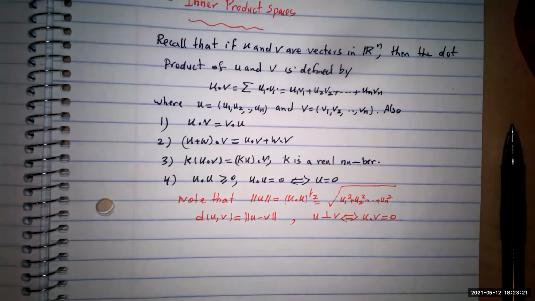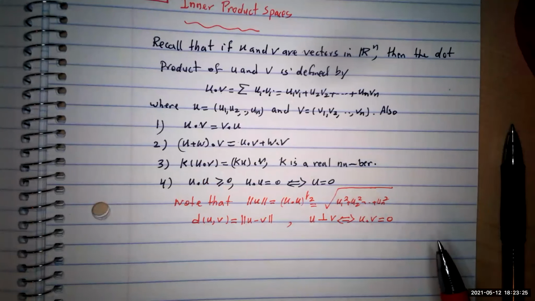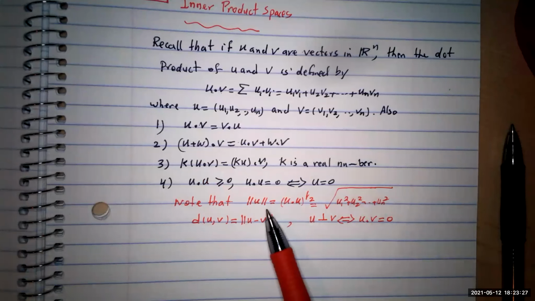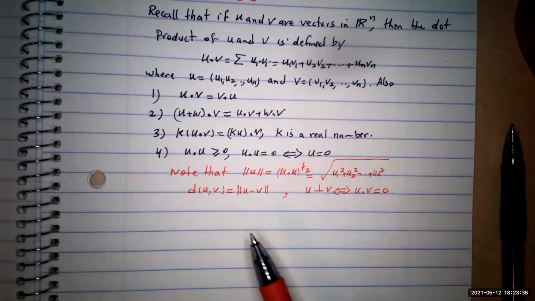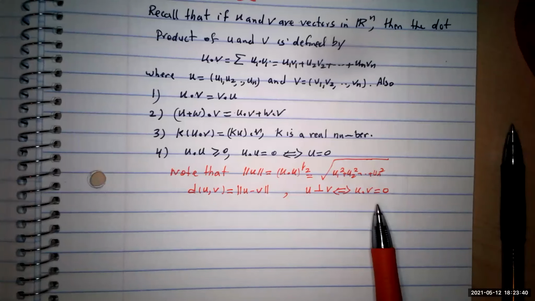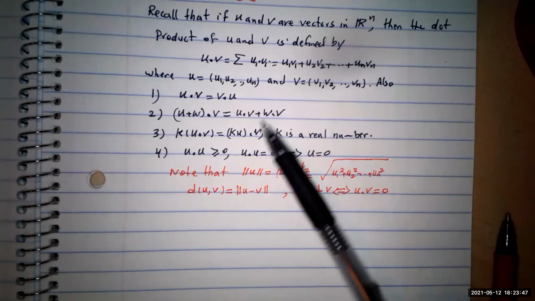By simply defining this inner product, we were able to take care of everything. If you want to go to calculus, the notions of continuity, limits, etc., you just need this distance. And orthogonality was very important for getting various properties. So this is what you know.